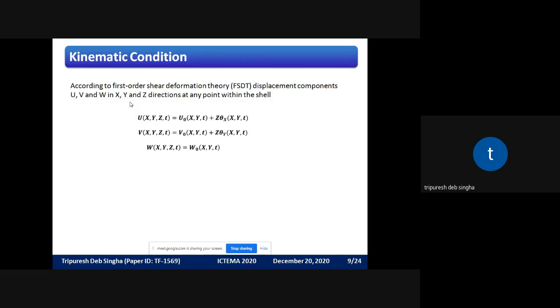These are related with the mid plane displacement components U0, V0 and W0, and theta x and theta y, where theta x and theta y are the rotations of the normal to the mid surface plane about the y and x directions.